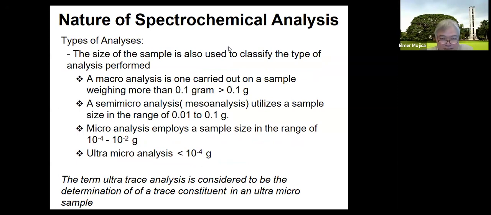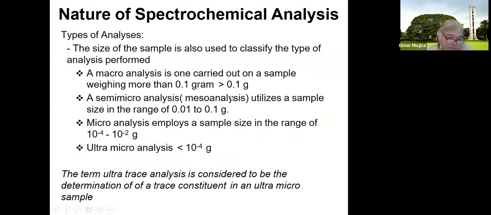A macro analysis, where you have 0.1 gram, or more than 0.1 gram. A semi-micro analysis or meso analysis, where your sample is between 0.01 to 0.1 gram. Or a microanalysis where the sample size is in the range of 10 to the negative 4 to 10 to the negative 2.